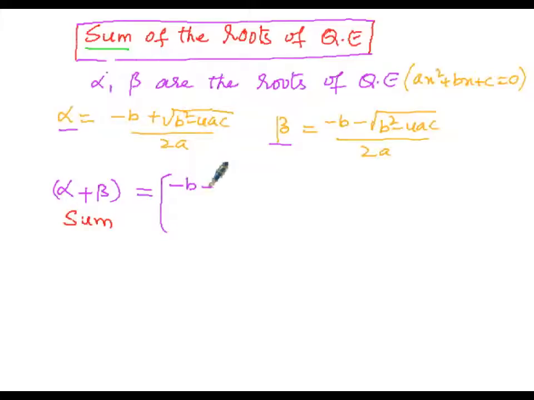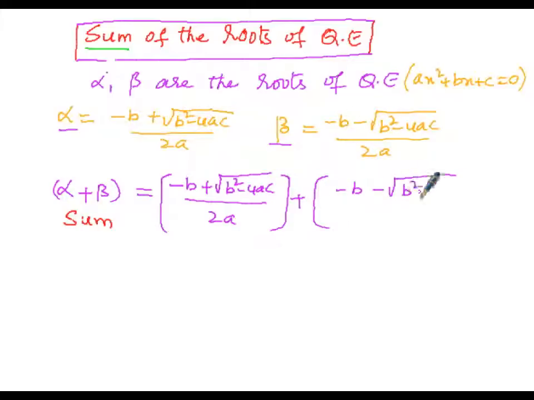So minus b plus root of b square minus 4ac overall divided by 2a within the bracket. Then plus, in square bracket, beta equals to the second one, minus b minus root of b square minus 4ac overall divided by 2a, square bracket closed.